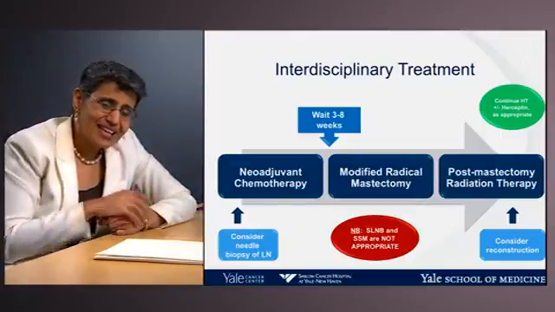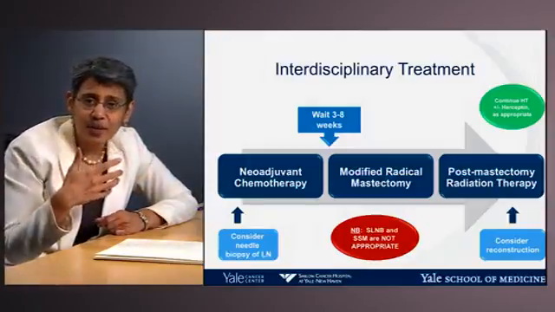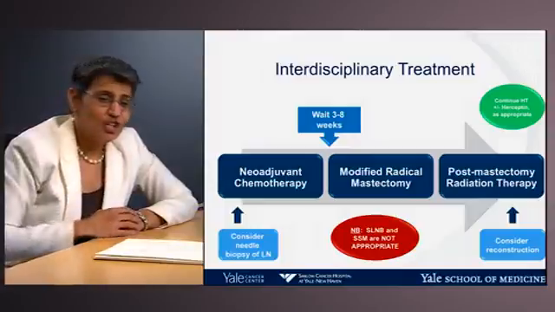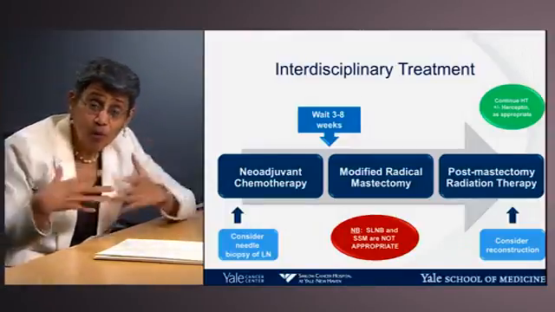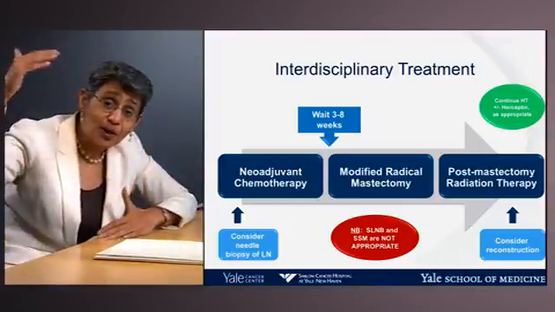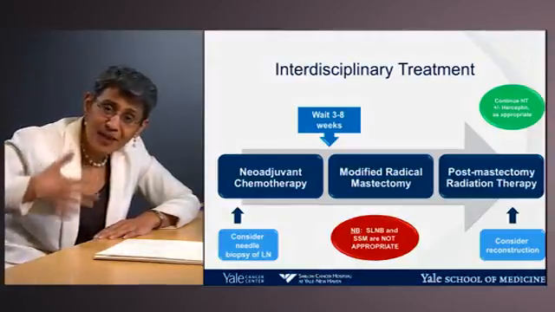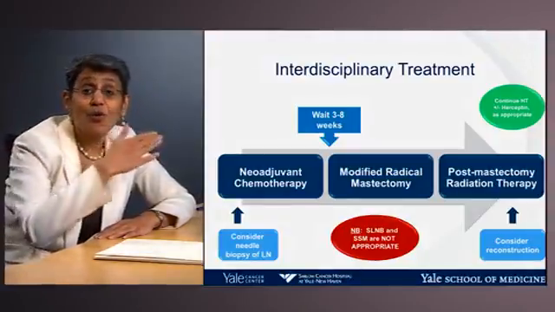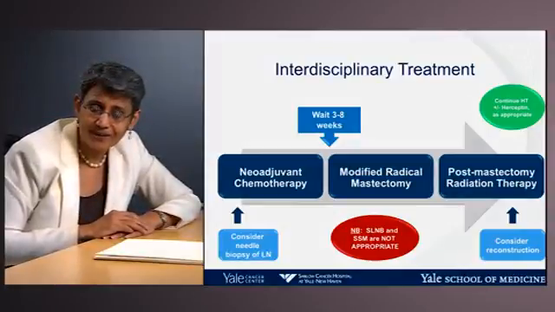Now, these patients are at high risk of cancer coming back. And you'll remember from the radiation therapy lecture that we talked about post-mastectomy radiation therapy being needed in people who are at very high risk, to reduce the chances that the cancer comes back in the chest wall. So all of these patients need post-mastectomy radiation therapy.